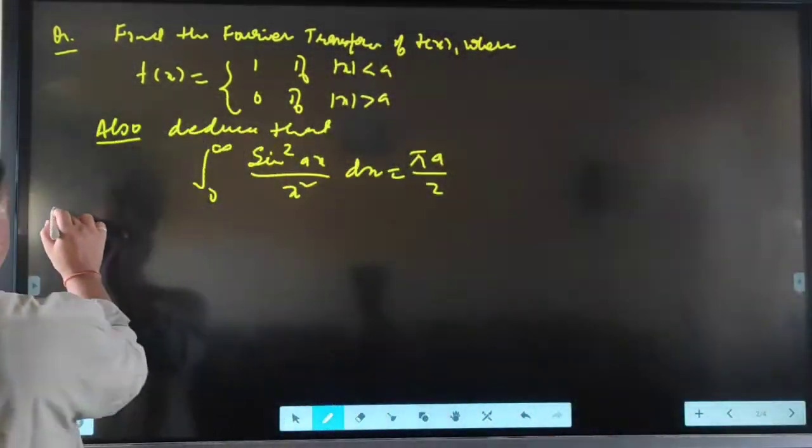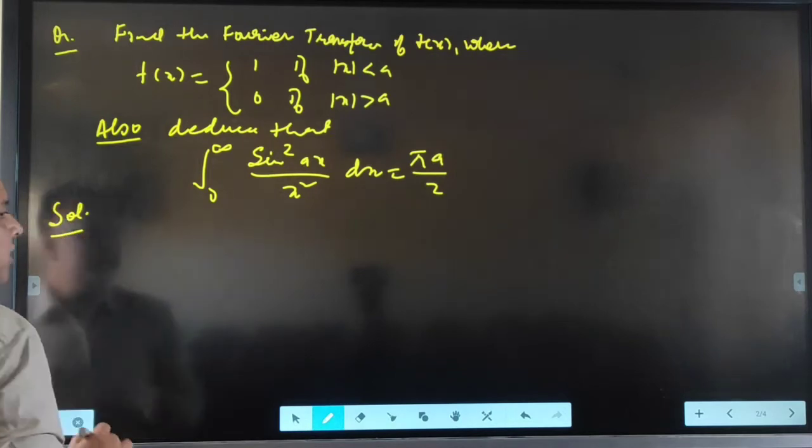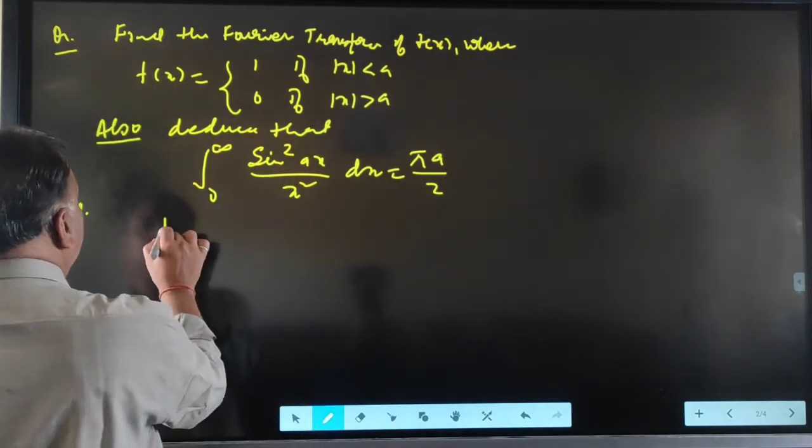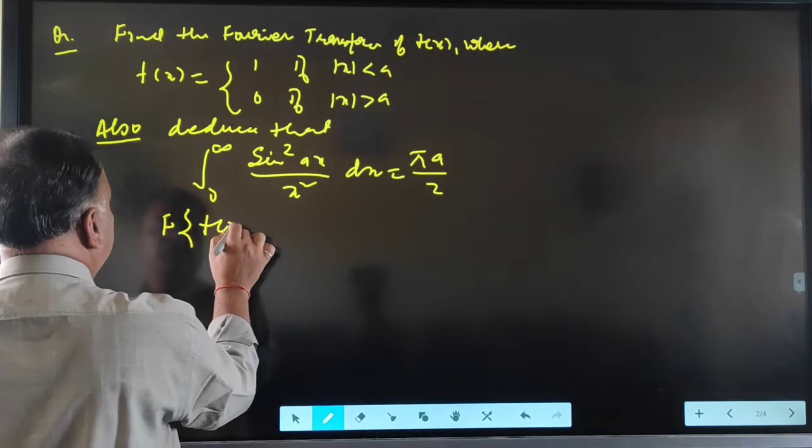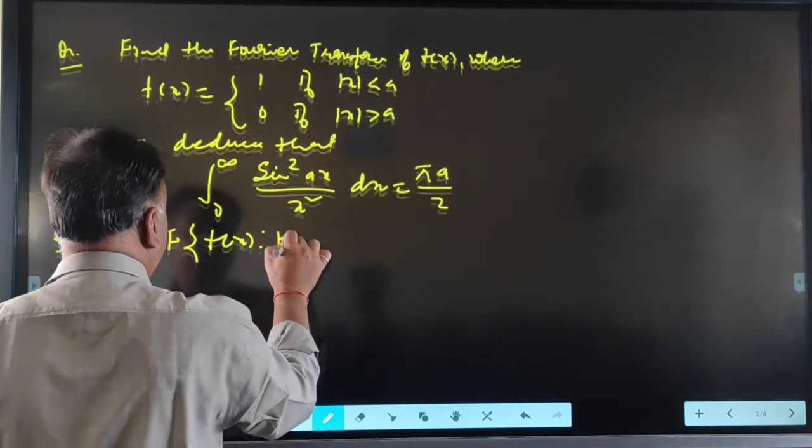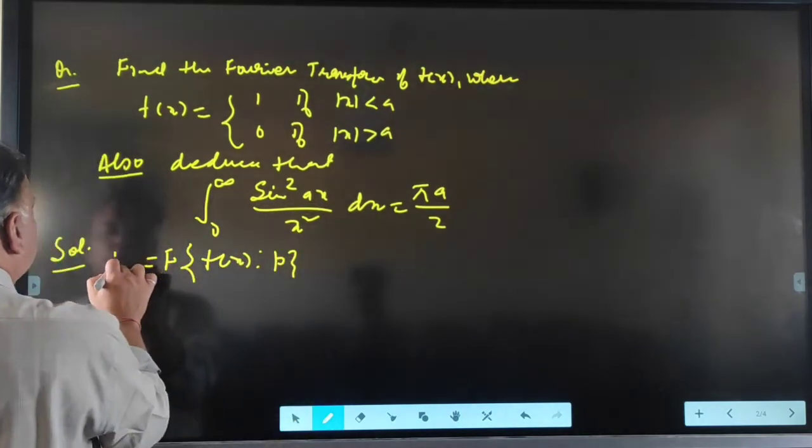So for the solution of this one, first we find the Fourier transformation of the function f(x) with respect to p. Let this be equal to f(p).